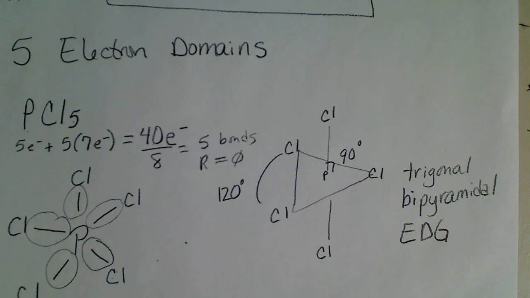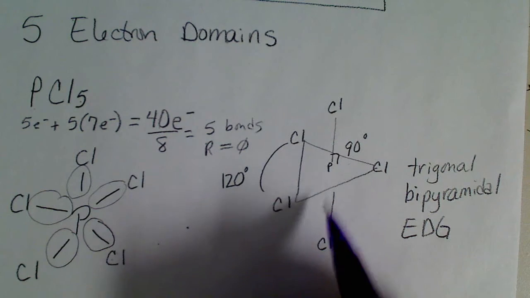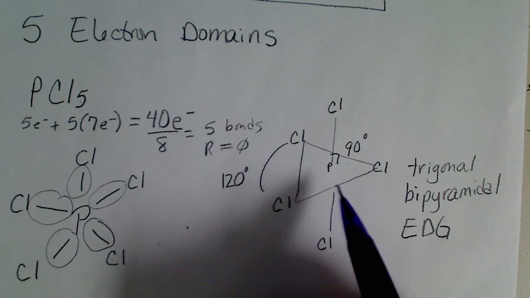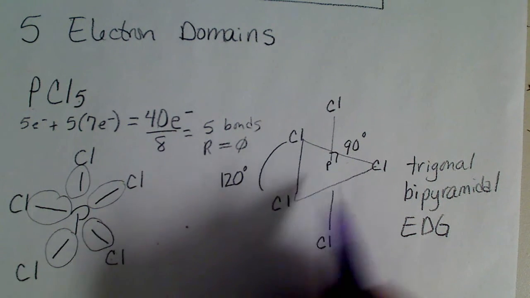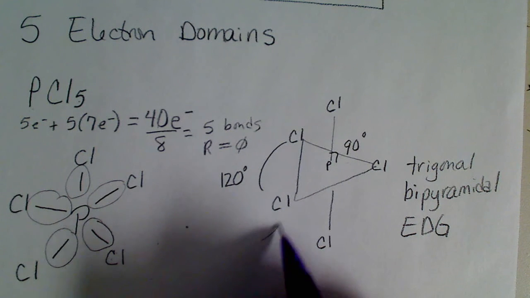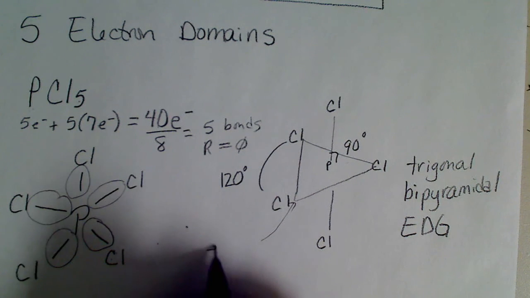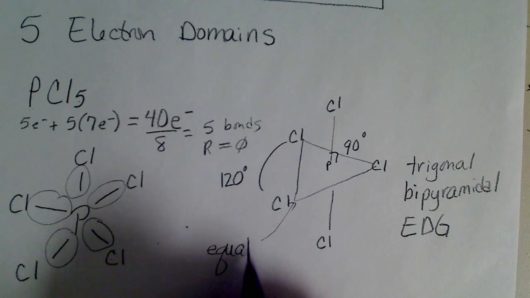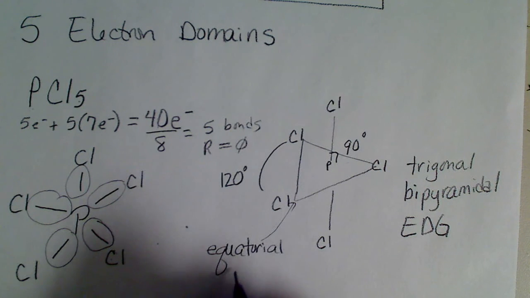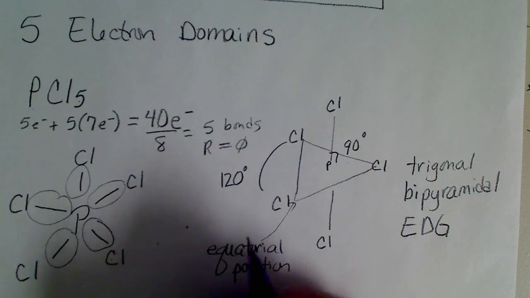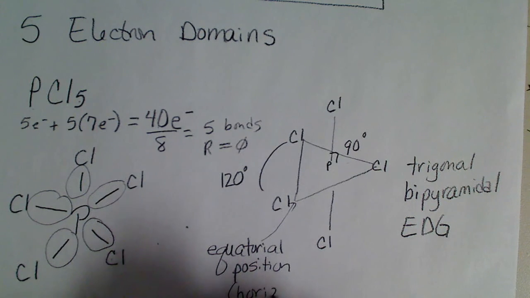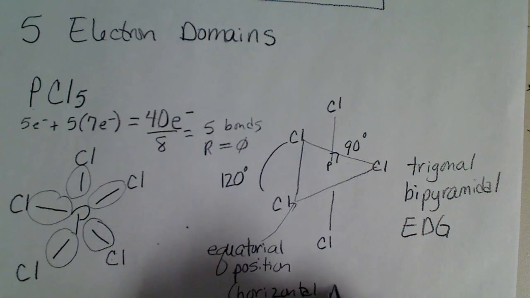And this is one of the few cases where the positions of the lone pairs would vary. So we call this triangle the equatorial position. If we think about it like the Earth's equator, this is the horizontal plane, that's where the triangle is.